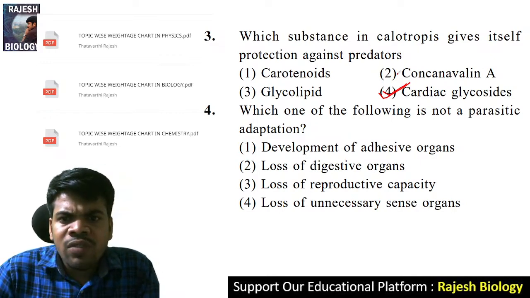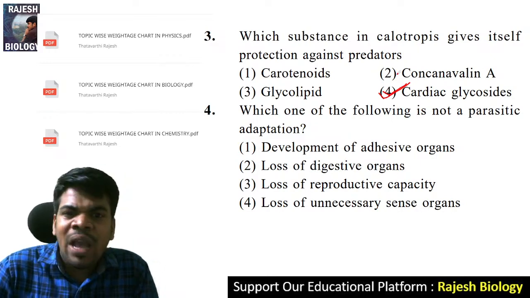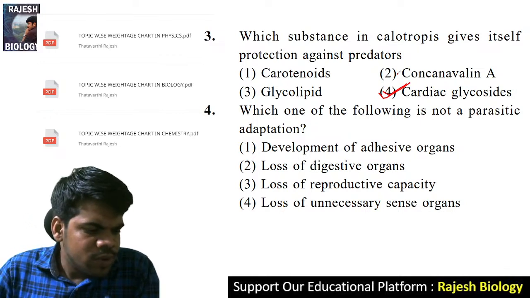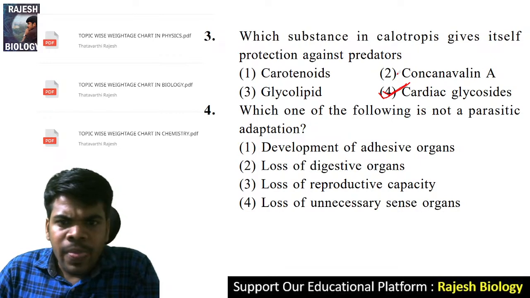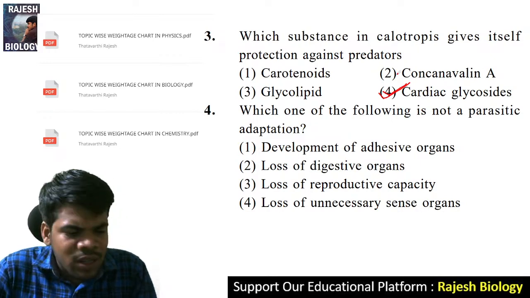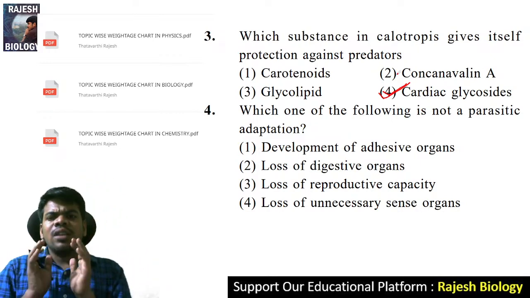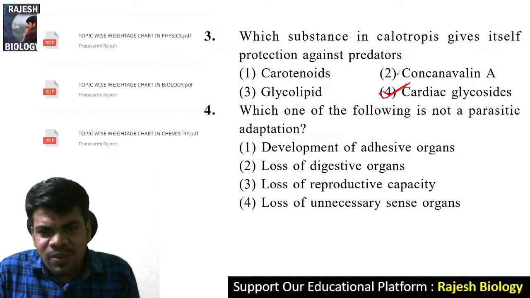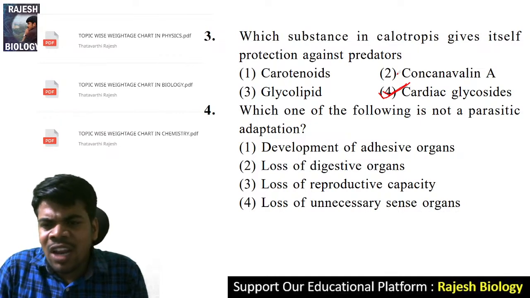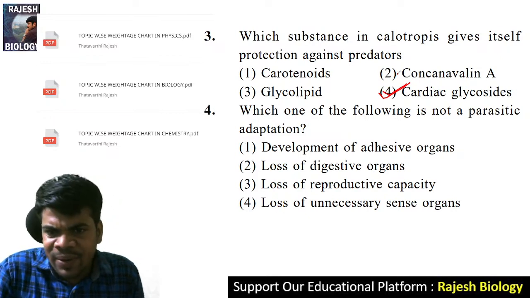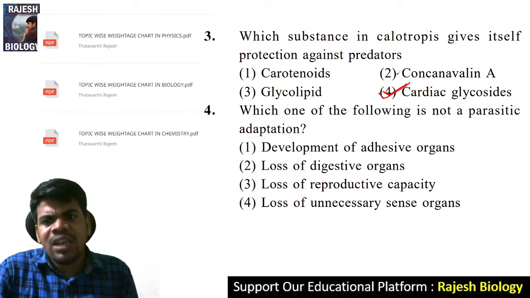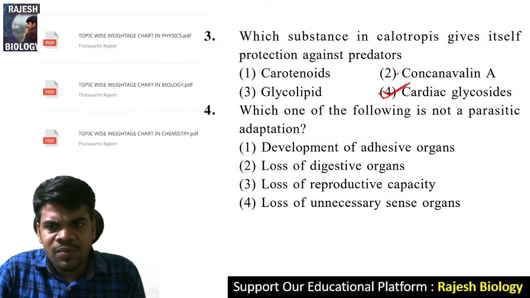Come to the next question. Which one of the following is not a parasite adaptation? Adhesive organs means hooks and suckers. These are helpful for anchoring to the tissue and sucking the blood. So adhesive organs are an adaptation of a parasite.